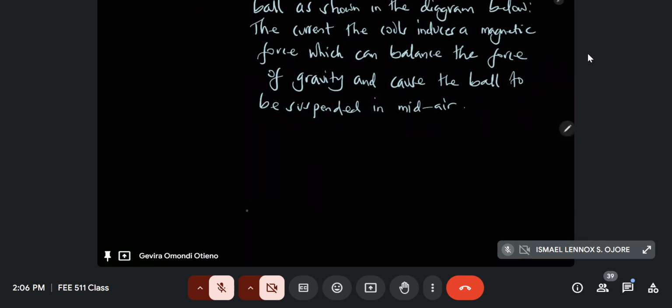We have a nice diagram here. It's a typical electromagnetic diagram.